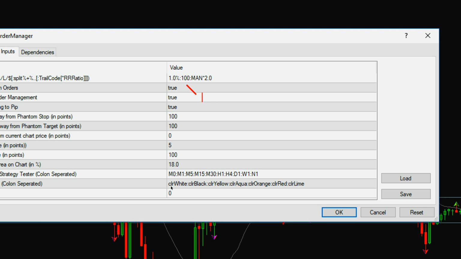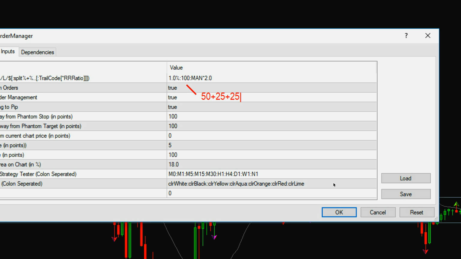50 plus 25 plus 25. What that means is break the initial phantom order into 3 separate orders in the market when the current price reaches your entry price.